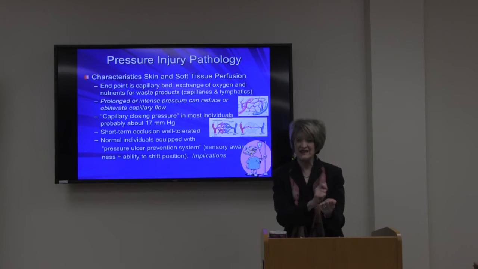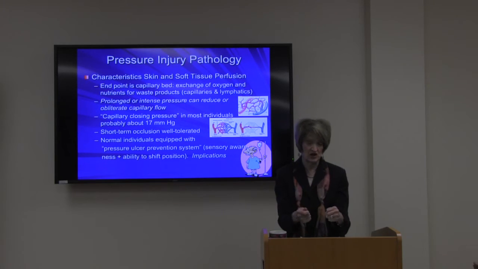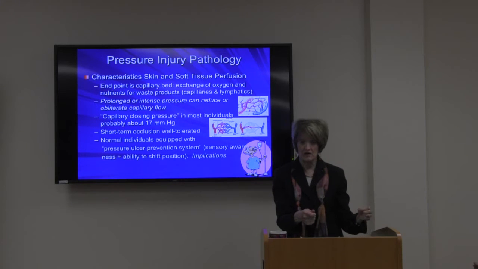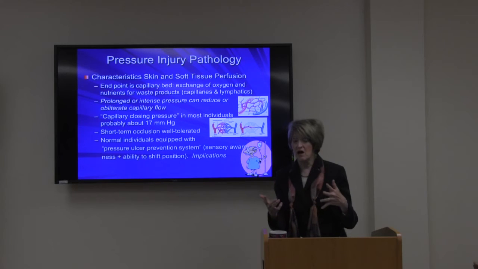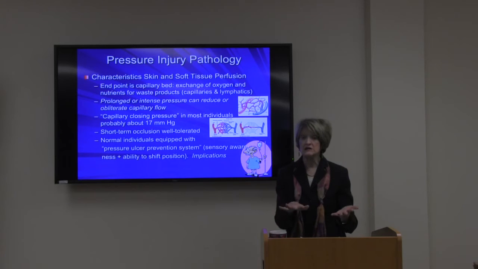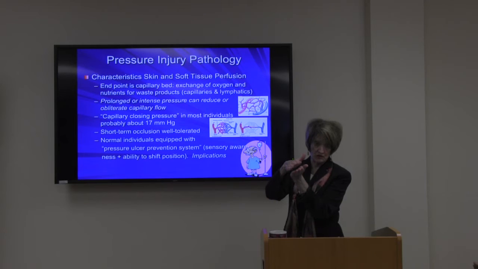That doesn't happen nearly so often as the scenario where the patient's sitting in the wheelchair on a cushion for a prolonged period of time, or lying in bed on a pressure redistribution mattress for a prolonged period of time. Sitting in the wheelchair on that cushion, partial obstruction to capillary flow. We do not have capillary closure.